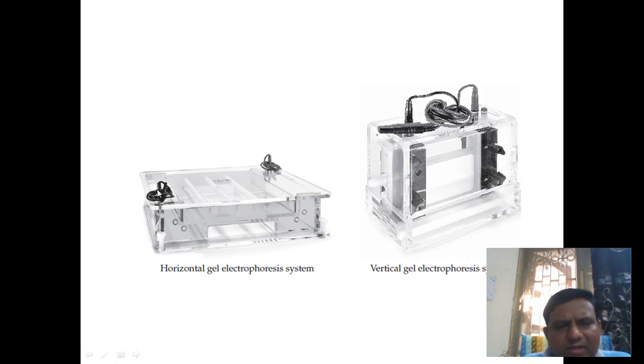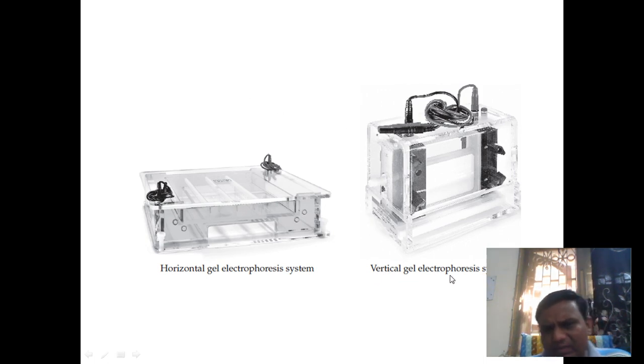You can observe here is one electrode and here is another electrode, so if it is a positive electrode, then this is the negative electrode. We can join these electrodes to the power pack with the help of wires.